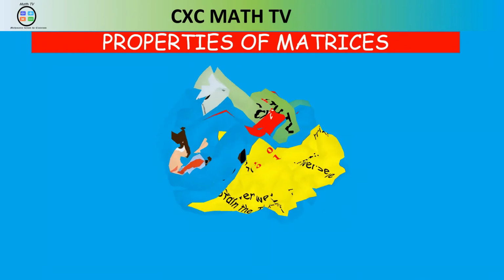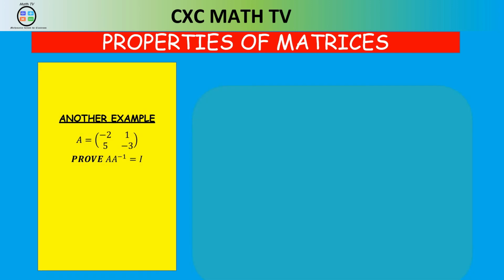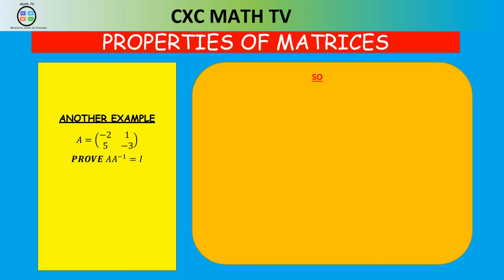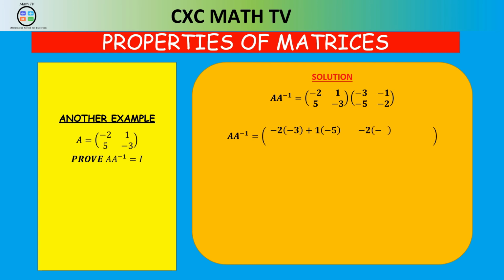Another example to verify it, if you write down the matrix A, which is negative 2, 1, 5, negative 3, you can multiply it by its inverse. And we know the inverse of that is negative 3, negative 1, negative 5, negative 2 from previous questions above, right? It's the same matrix A where we found the inverse already.